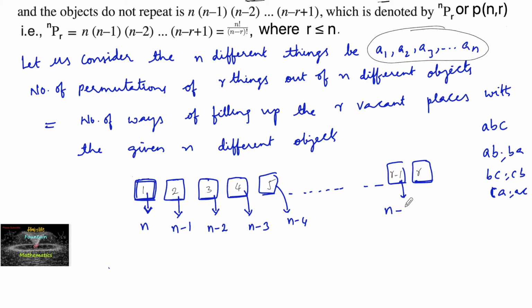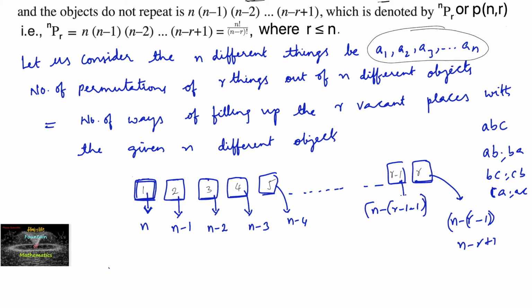So for the rth box, we can write n minus of r minus 1, that is n minus r plus 1 possible ways for the last box to fill up.